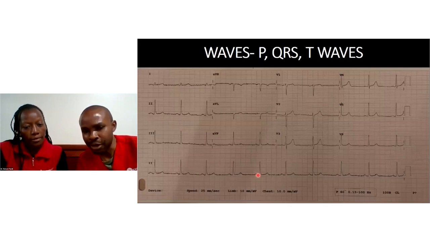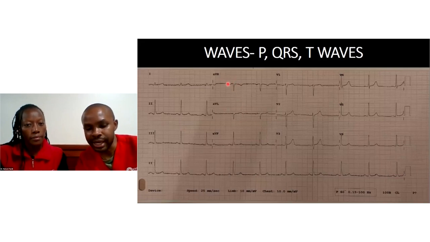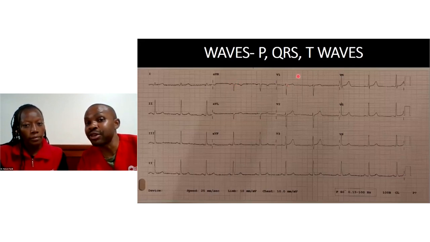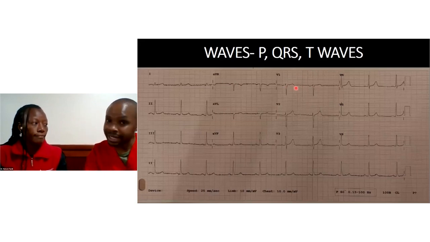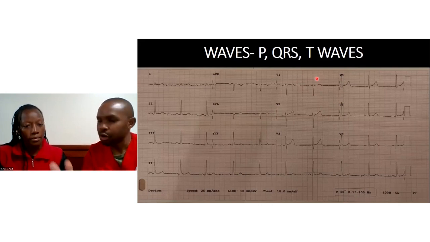Now, I must say that in some leads, it's normal to expect a negative P wave. One good example is in the AVR, the one that we are seeing here. So in AVR we're expecting a negative P wave, as well as sometimes in V1. And that's a normal morphology of a P wave for a normal ECG.